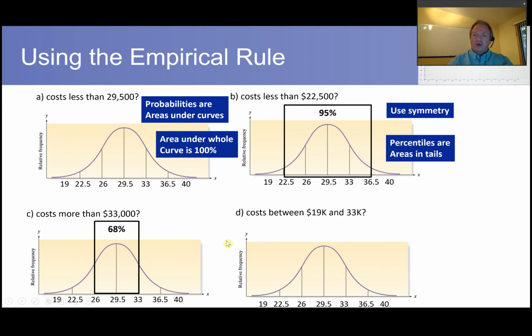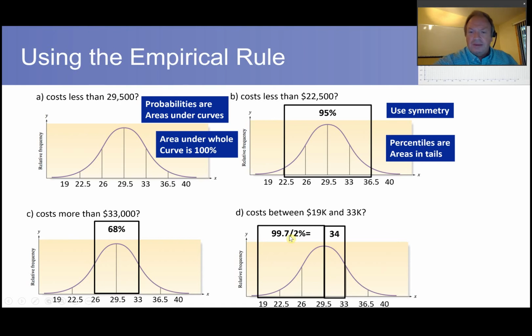But we're still going to use the empirical rule because we know that 3 standard deviations away is 99.7%, but this is half, because it's half of that area. So it's going to be 99.7 divided by 2. And this is going to be 34% divided by 2. And so we can just do this on our calculator.